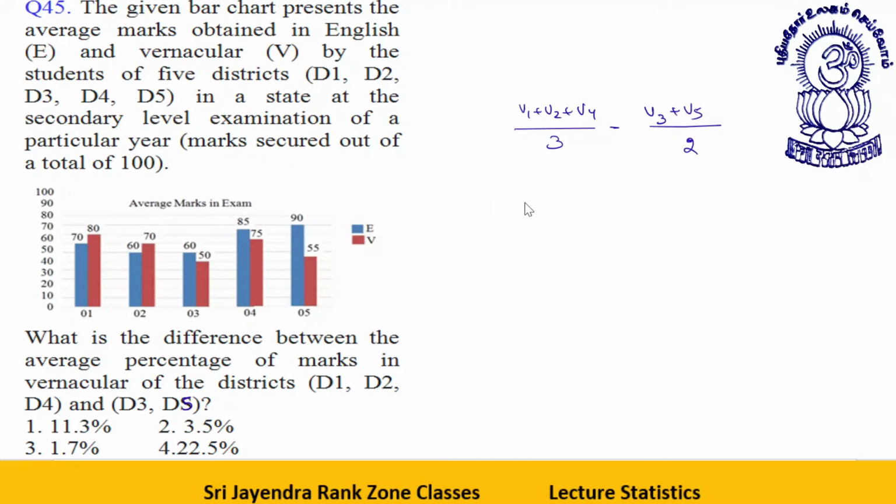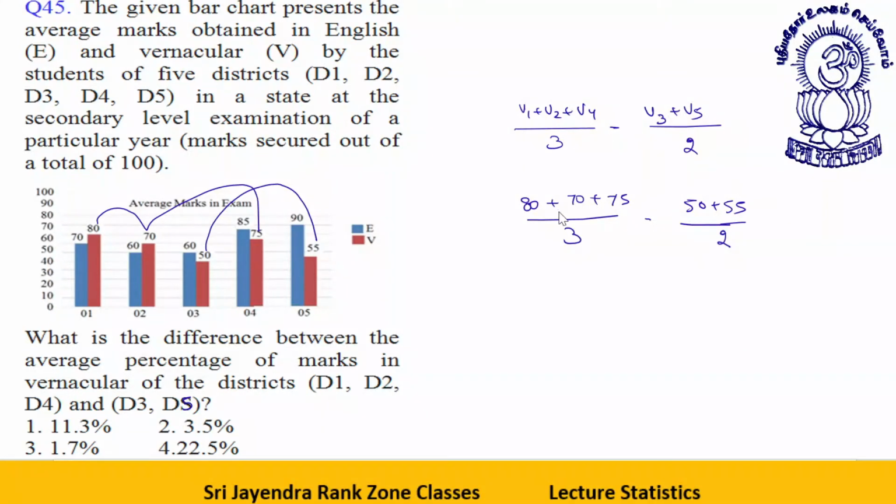Vernacular is red color, that is 80 plus 70 plus 75 divided by 3, minus V4 plus V5. What is V4? 50 and 55. 50 plus 55 divided by 2.